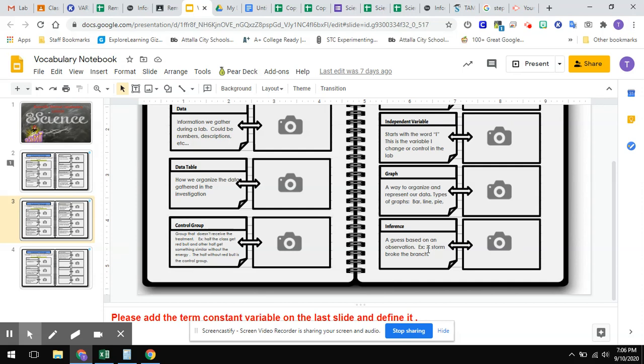Where an inference would come in is, I have no idea how that branch broke, but could I guess how that branch broke? Absolutely. Someone had said in class, a storm broke the branch. I would think that is a good guess, a good inference as to how the branch broke.